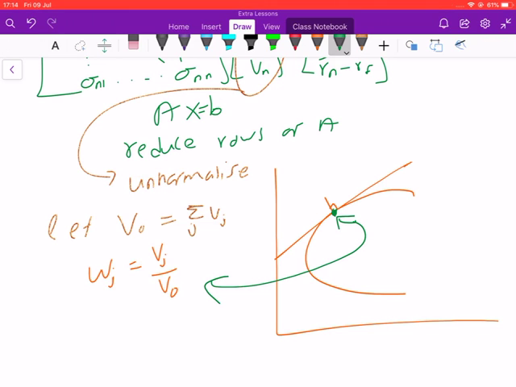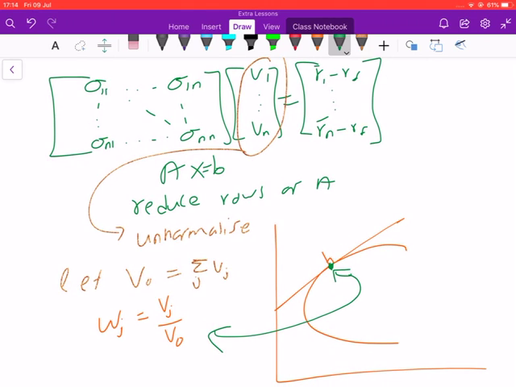If they ask you to find the tangent portfolio, this is what they want you to find. You are trying to find a portfolio that is tangent with the risk-free line, and that line is going to be your efficient frontier.